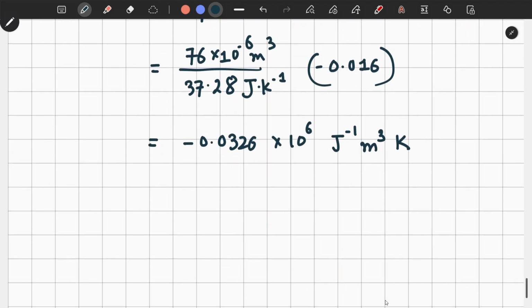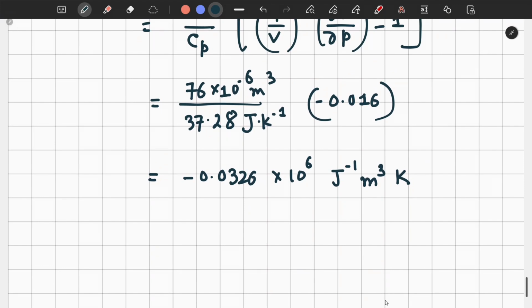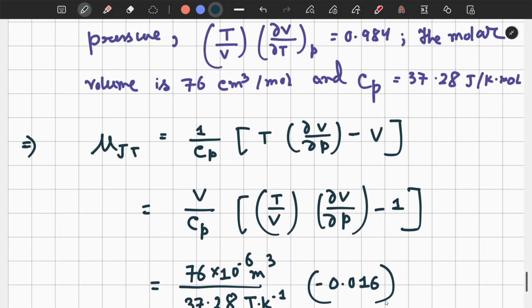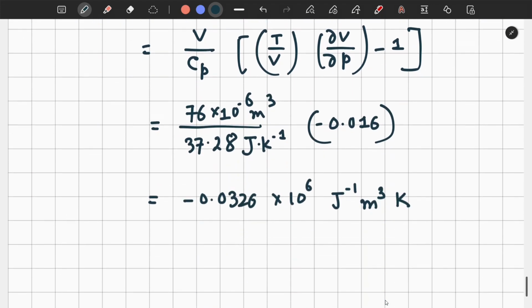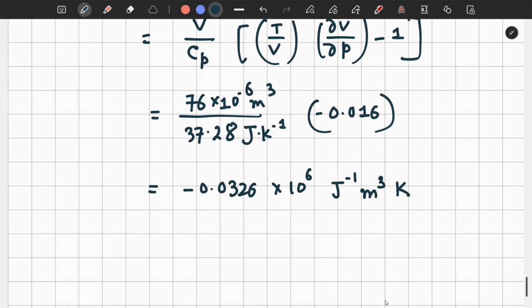These units are there, but we need it in what? We have to change it to ATM. But this unit is also correct. Pressure is given, but pressure is not needed even. Pressure, temperature, nothing was important. But this answer is also correct. Nothing is wrong.